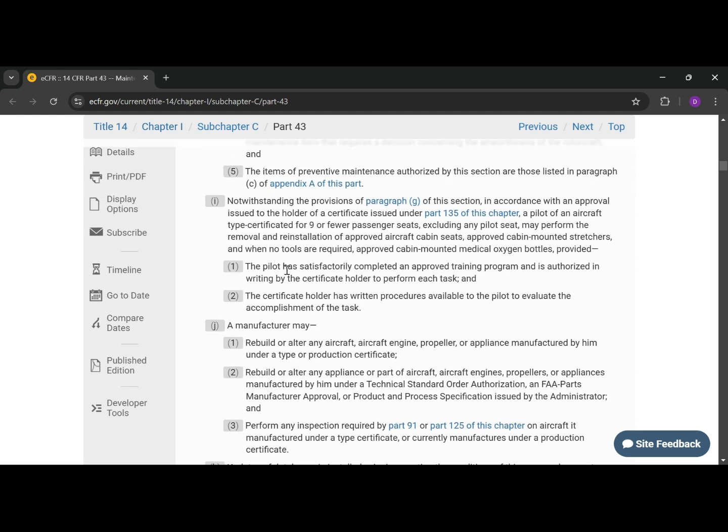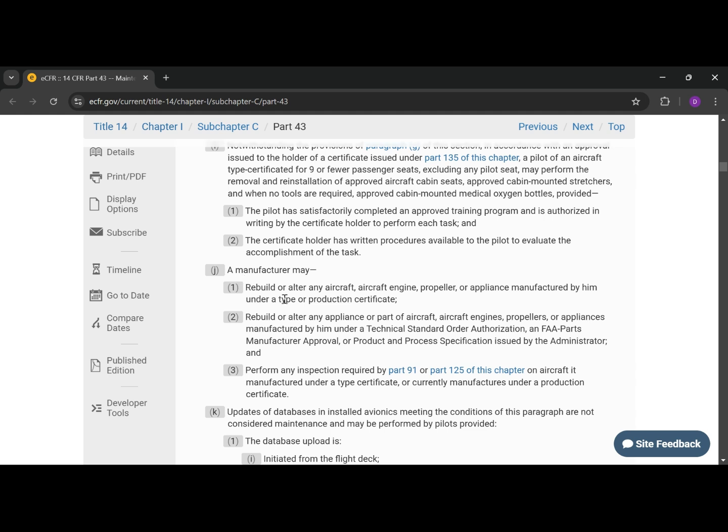The pilot has satisfactorily completed an approved training program and is authorized in writing by the certificate holder to perform each task, and the certificate holder has written procedures available to the pilot to evaluate the accomplishment of the task.